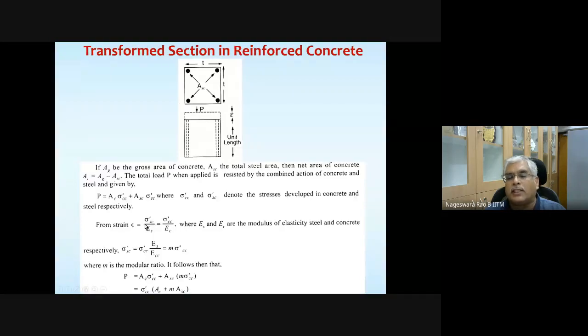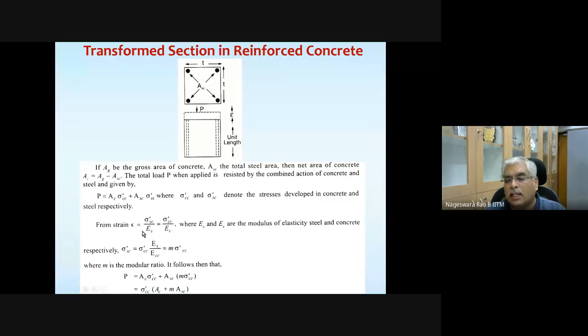If you know the stress in steel, sigma SC prime, divide it with Young's modulus of steel, you are going to get strain. So strain epsilon can be calculated from stress in steel or stress in concrete using the corresponding modulus of elasticity of steel or concrete, depending on what you are using.